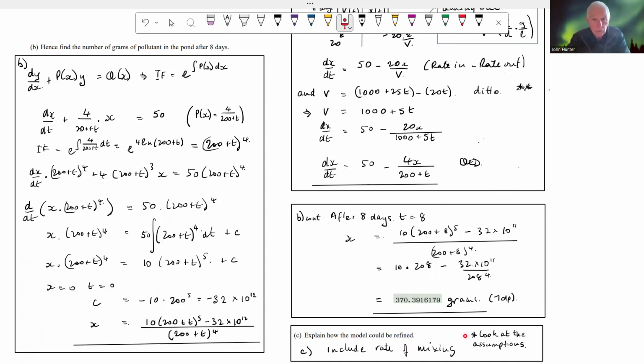So if we wanted something more accurate, and that's what this is implying, then we need to remove the assumptions and take account of, in this case, the rate of mixing. How we would do that, I don't know, but we're not asked to elaborate any more on that. So just made a note there: look at the assumptions. That's usually the key to how you answer these bits.